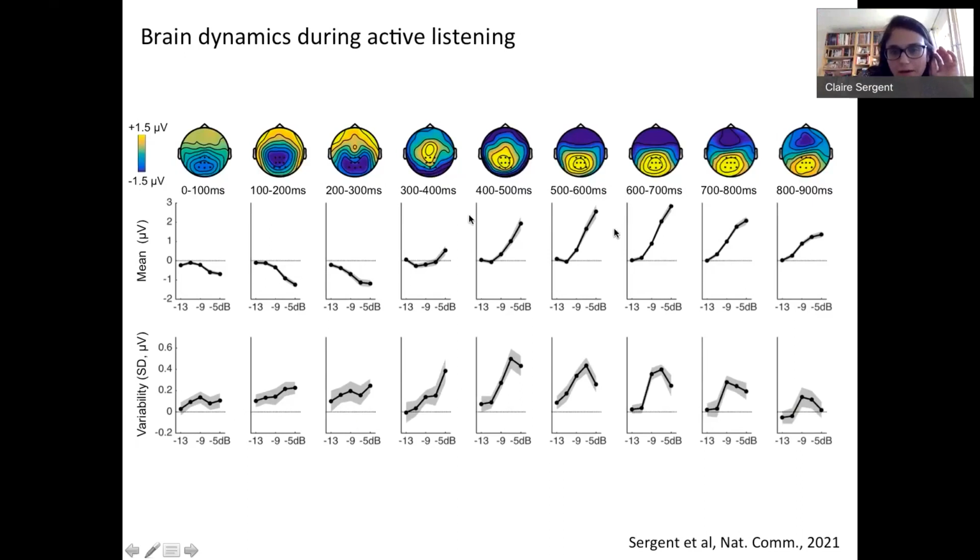But then from 300, 400 milliseconds, we see very clearly this pattern expected from bifurcation dynamics, where we have a burst of variability around threshold stimulation.